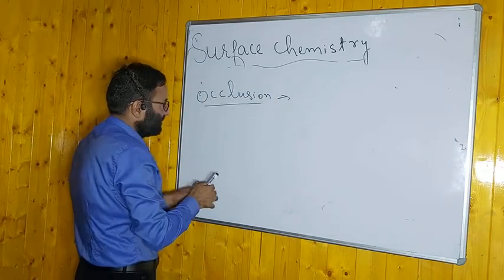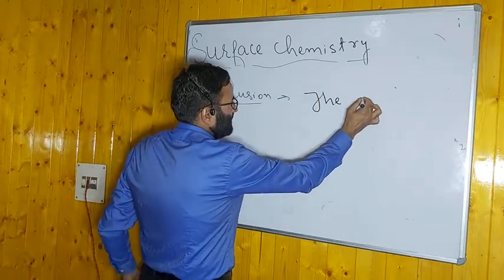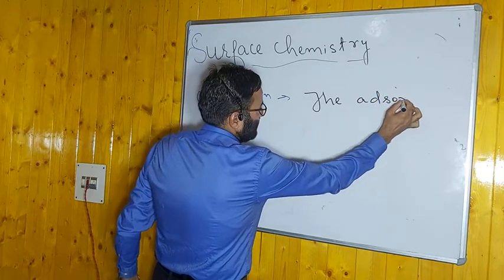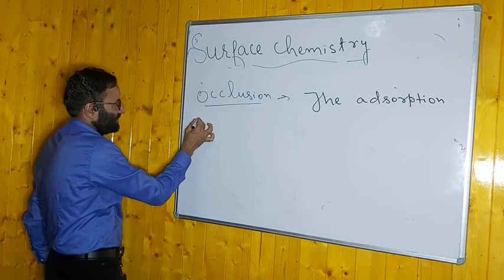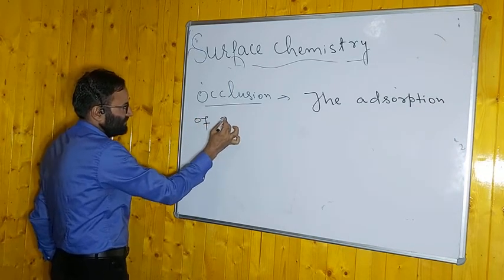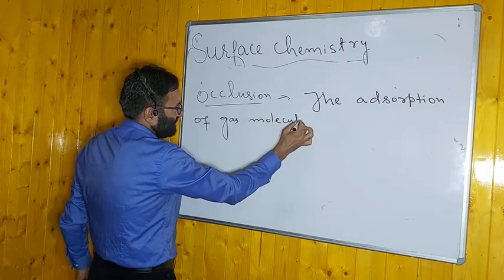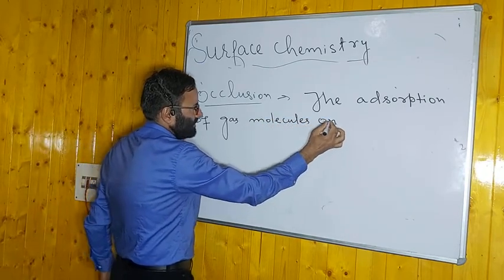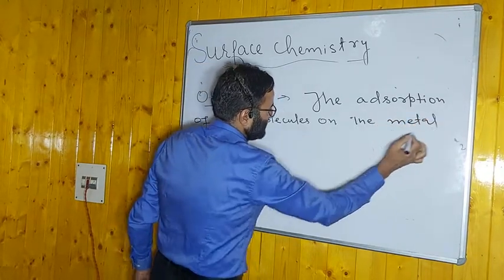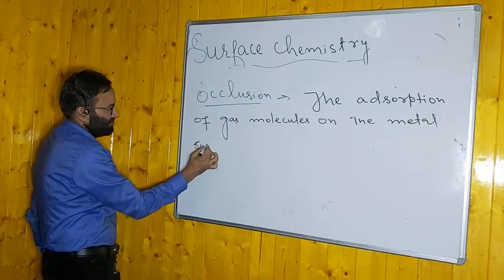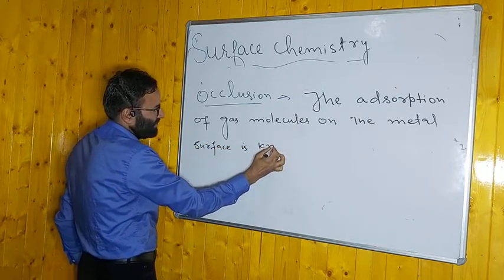What is meant by occlusion? The fourth definition: the adsorption of gas molecules on the metal surface is known as occlusion.